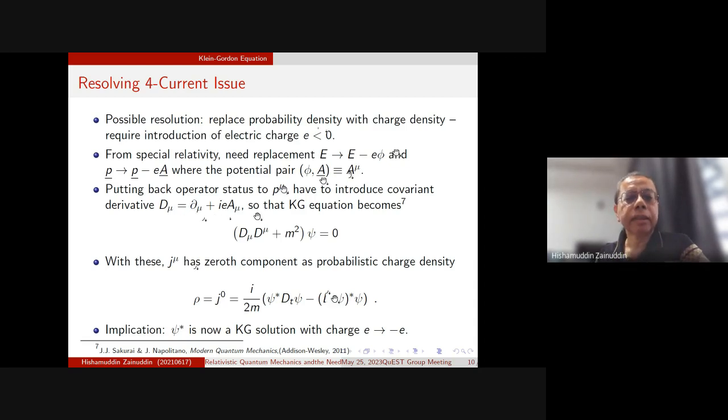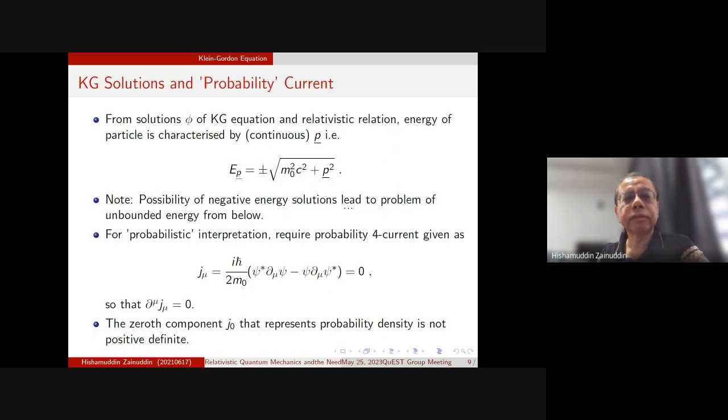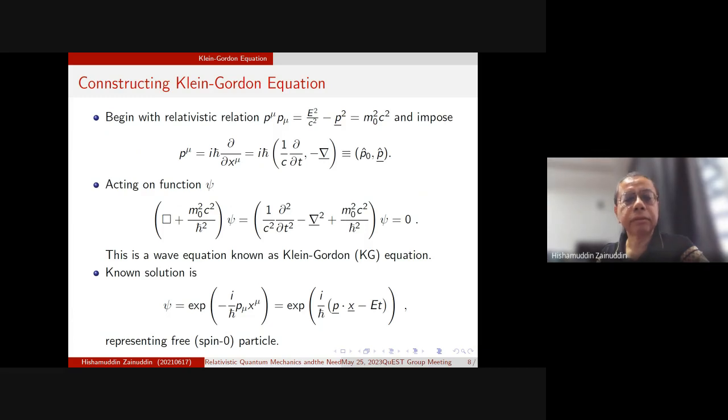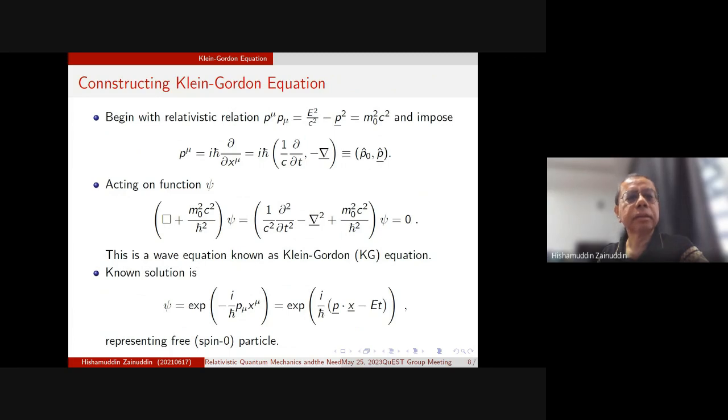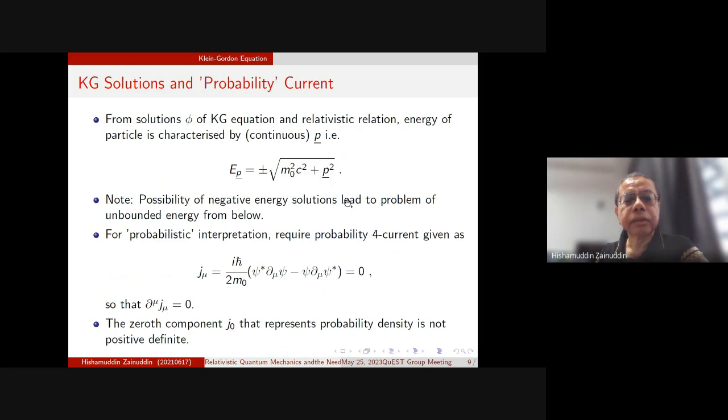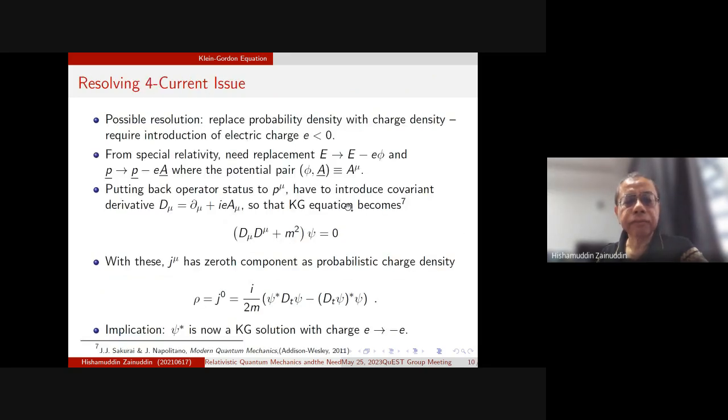So you have to replace your Klein-Gordon equation that we had earlier. Which one was that? Yeah, this one. You have the derivatives here, and I didn't put the covariant form. Instead of just the derivatives, you have the covariant derivatives.